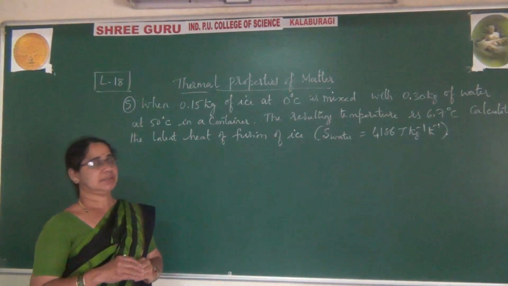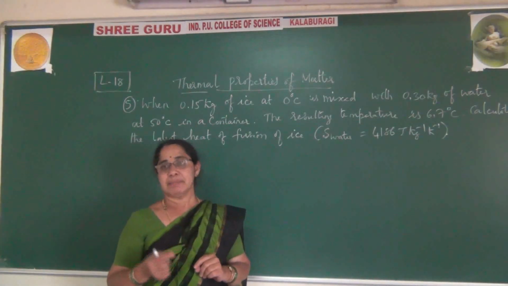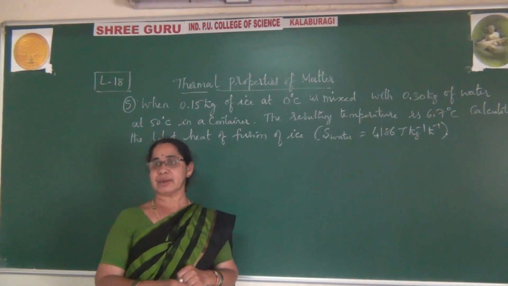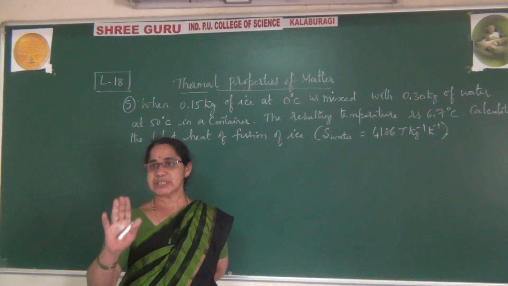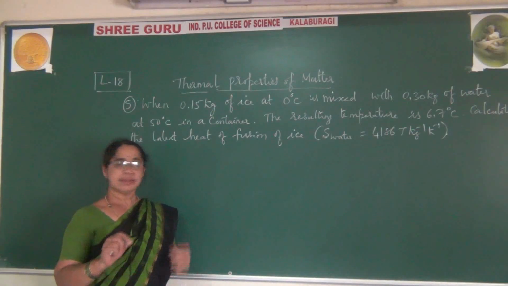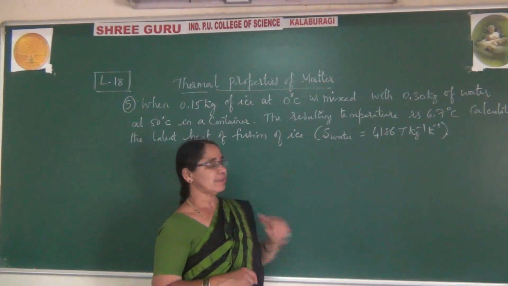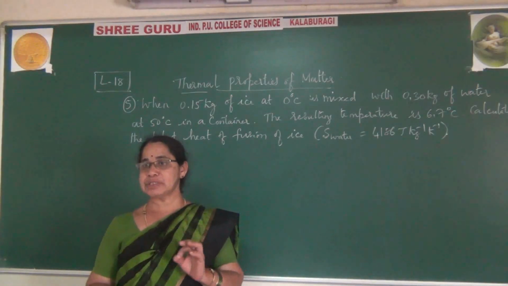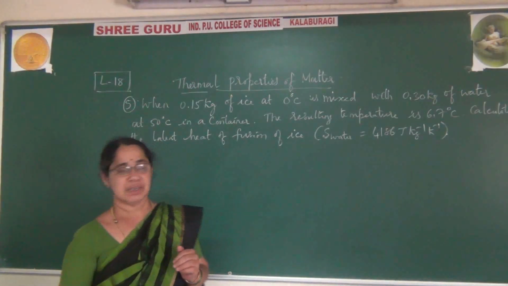When they mix it, naturally the temperature varies, but as you observe the thermometer, the resulting temperature of the mixture is 6.7 degrees centigrade. Using these conditions, we have to find the latent heat of fusion of ice. They have already given the specific heat of water. This is a 5-mark problem in the PUC first year board exam which was given repeatedly. Very simple.